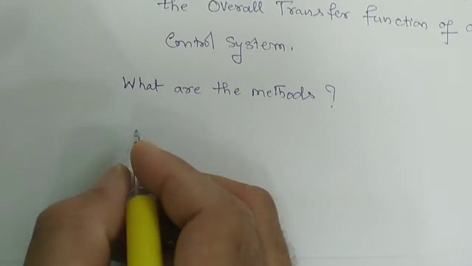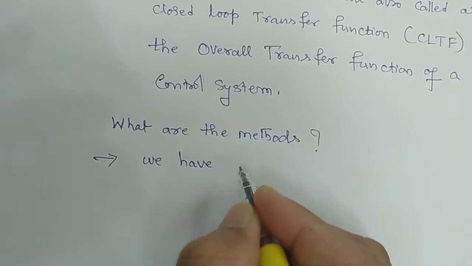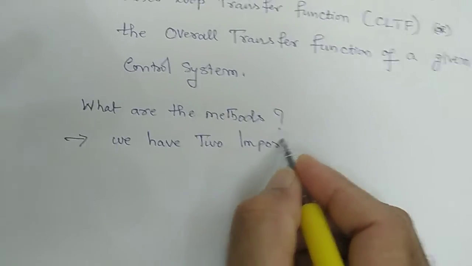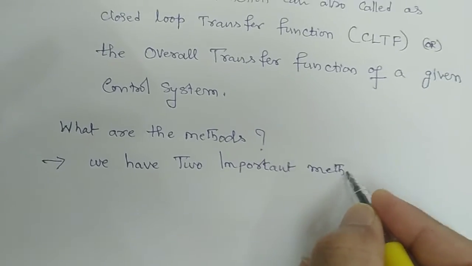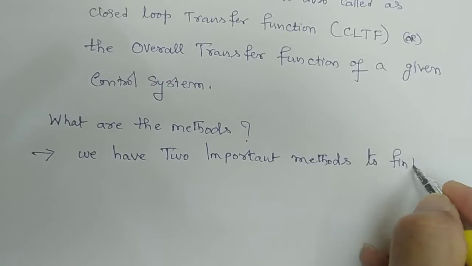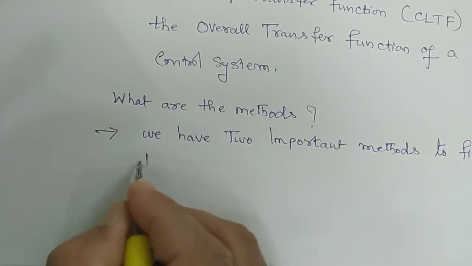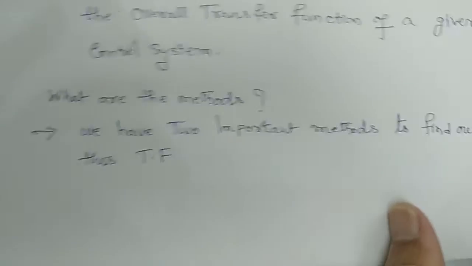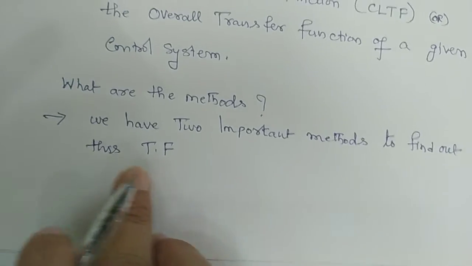We have basically two important methods to find out this transfer function. Simply I can write TF instead of writing all that. So we have two important methods to find out this transfer function.